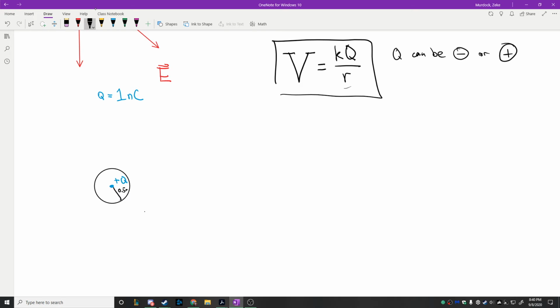Can you guys tell me, what would the value of the potential be along that ring that I've chosen right there? It's an equipotential, right? Because it's one distance r away. What would it be equal to? If the charge is 1 nanocoulomb and the distance is 0.5 meters, what's V equal to?